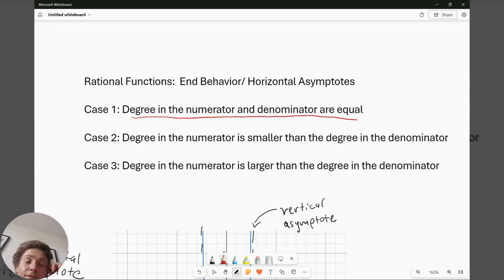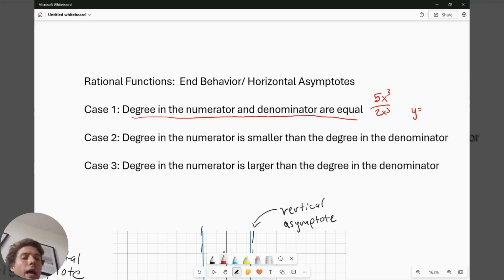Let's say we have some function where our leading terms, right? If I want degree, I only care about the leading terms. Let's say I had 5x to the third over 2x to the third. Notice the degree, 3 and 3, those are equal. Whenever your degrees are equal, what you end up getting for your horizontal asymptote is a ratio of their coefficients.